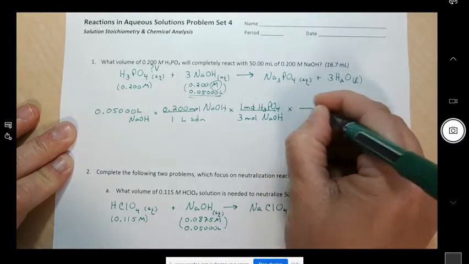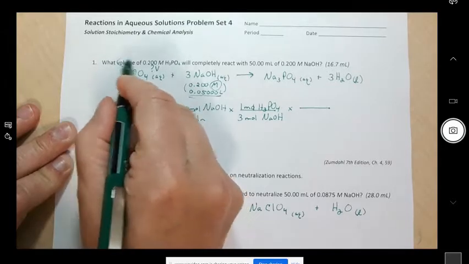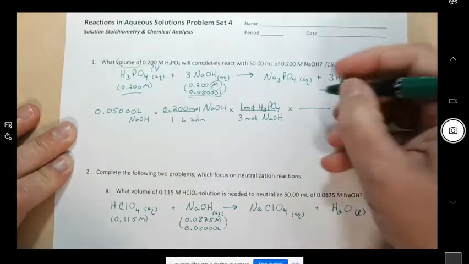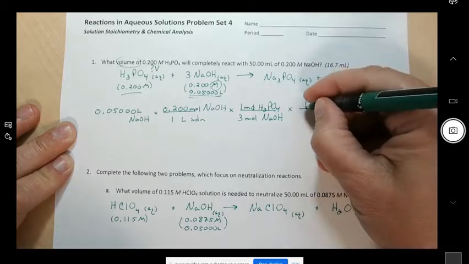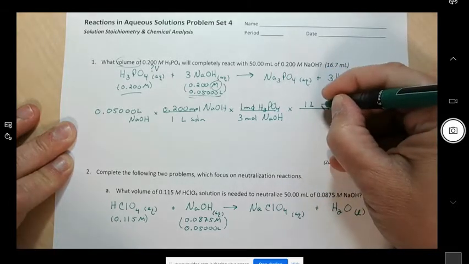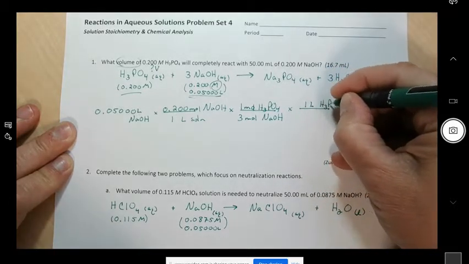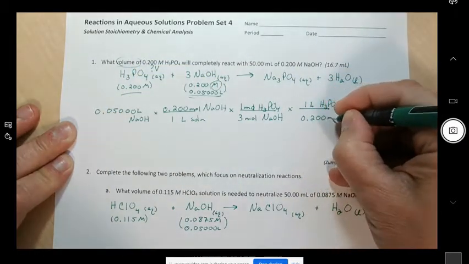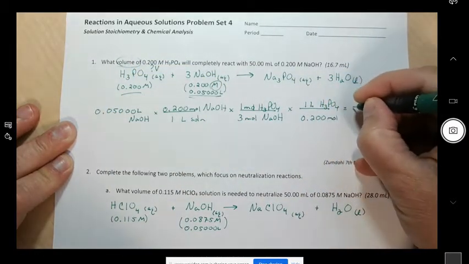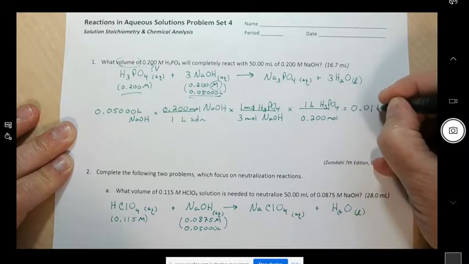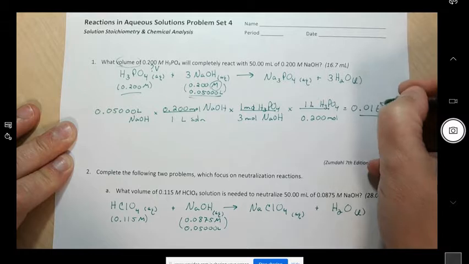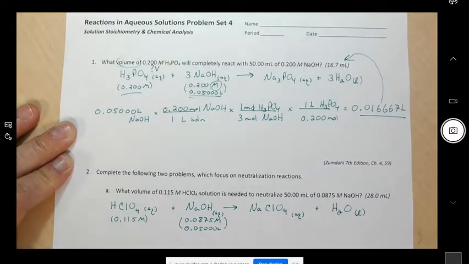And then the last thing is I want volume of phosphoric acid, so I'm going to use my molarity, except I'm going to have my volume on top. I know that 1 liter of my phosphoric acid has 0.200 moles. That's going to give me a total of 0.016667 liters. I went ahead and changed that to milliliters. You could leave it in liters if you want to because it doesn't specify in the question.